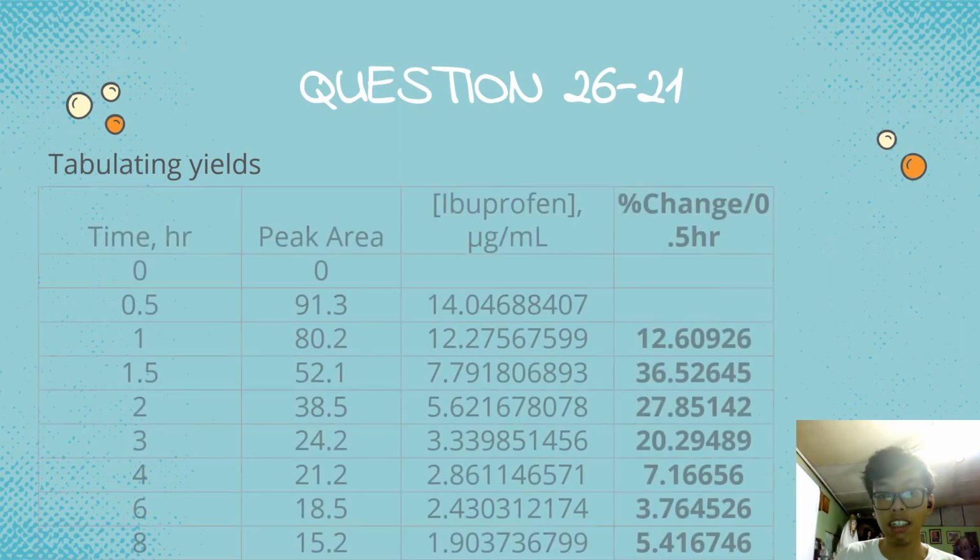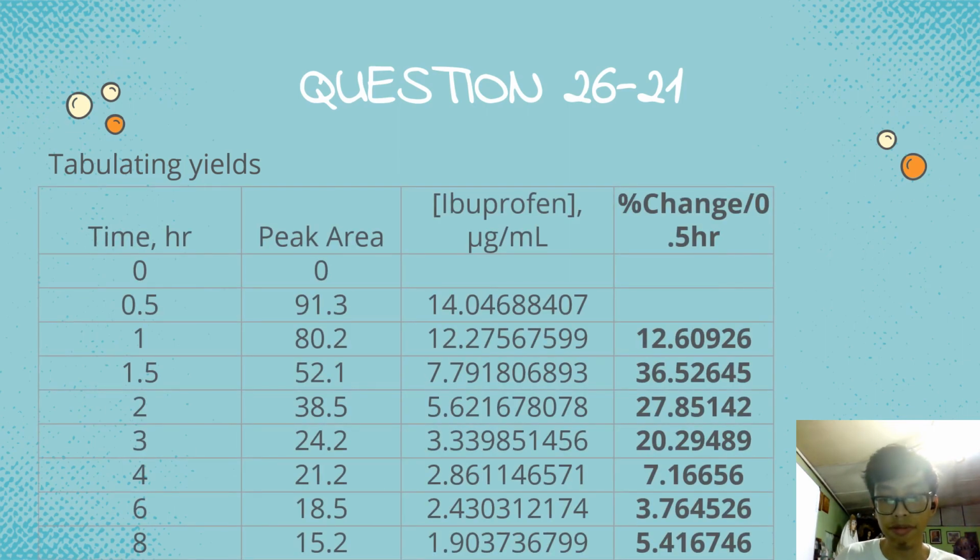Tabulating yields us this table here. The change per 0.5 hours only begins here at the 1 hour mark because there is no concentration at time equal to 0 hours, so we cannot obtain a change per 0.5 hours between 0 and 0.5.